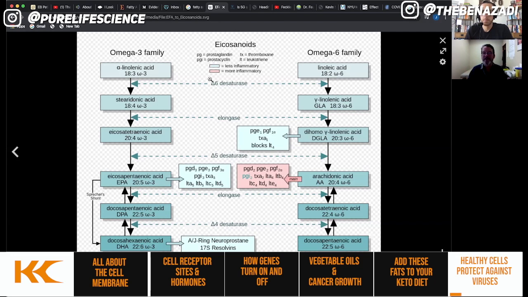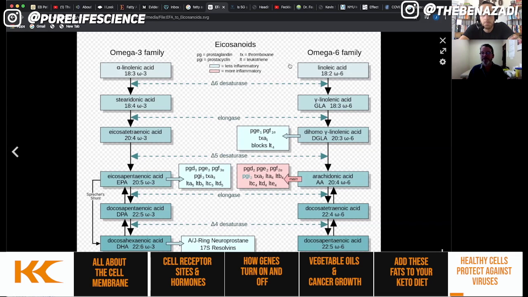But that's actually wrong. There are some desaturase 6 and desaturase 5 problems, but they're mostly related to drug use. If you're on pharmaceutical drugs, they can inhibit this quite well, and that can make it harder to use these fats properly.